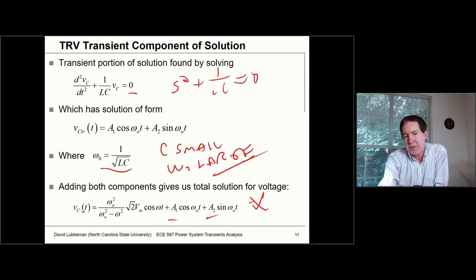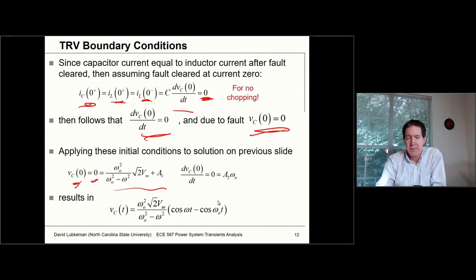Then when I take the derivative of the voltage, we're going to see this A1 cosine term go into a sine, so that's going to disappear, and that A2 sine, when you take the derivative, is going to give us an A2 omega naught times cosine, which evaluates to A2 omega naught at time equals zero.